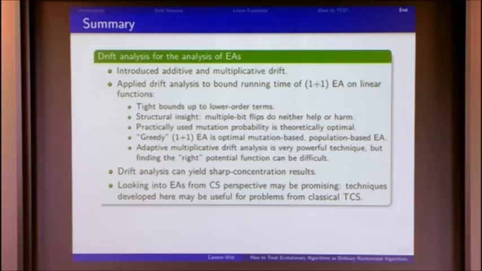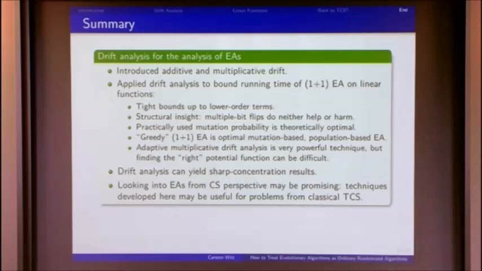For linear functions, we could prove as a result from this that the practically used mutation probability 1 over n is optimal in theory on this problem, and that this greedy 1+1 EA is the best thing to do on this linear function problem when you restrict yourself to algorithms using populations and mutation and selection, not talking about crossover. And the art in drift analysis can be to come up with a good potential function.